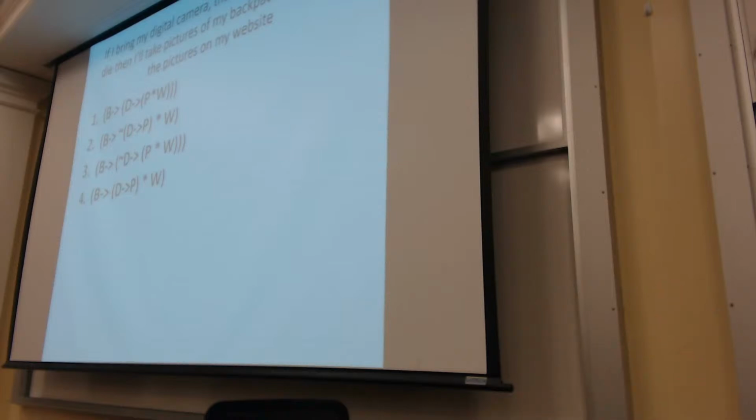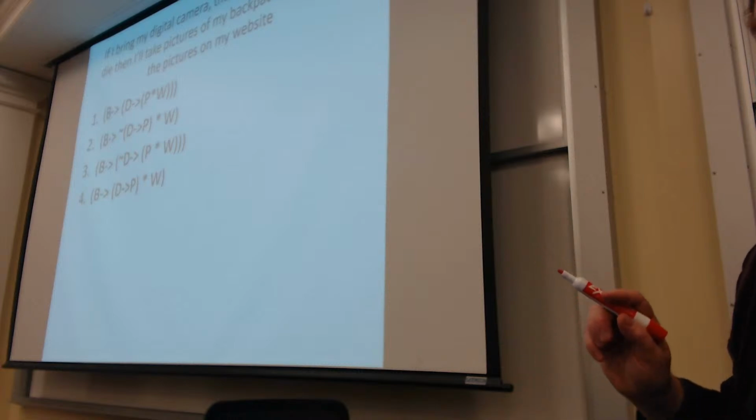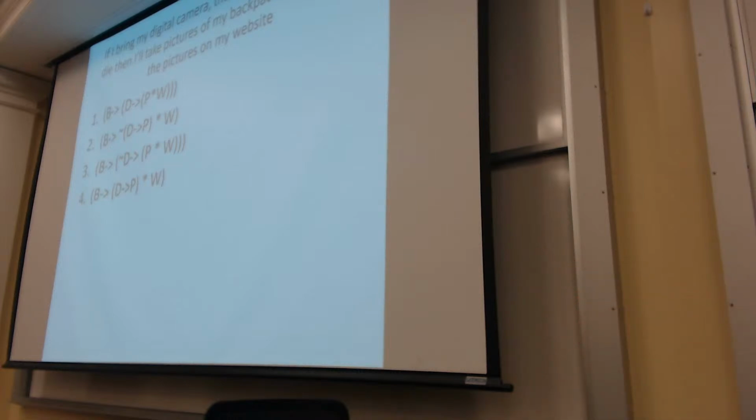If I bring my digital camera, then if, opens a second parenthesis, if my batteries don't die, we need a negation inside the parenthesis on batteries don't die. I'm going to use a D for that. Then I'll take pictures of my backpack trip. And put pictures on my website.